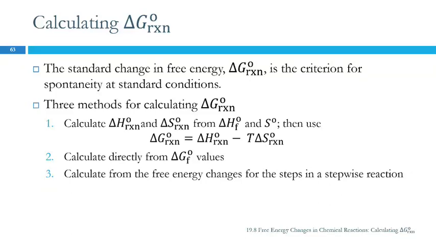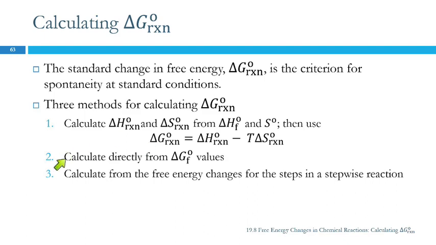Okay, so calculating delta G, the standard change in free energy for the reaction, that's the criteria for spontaneity at standard conditions. There are 3 different ways we can calculate this. We can calculate delta H and delta S from the heats of formation and the standard entropies, and then plug those values into this equation.